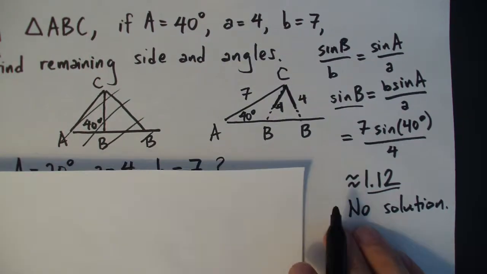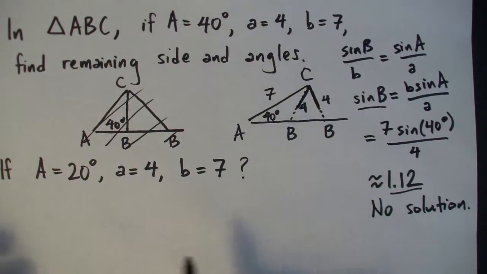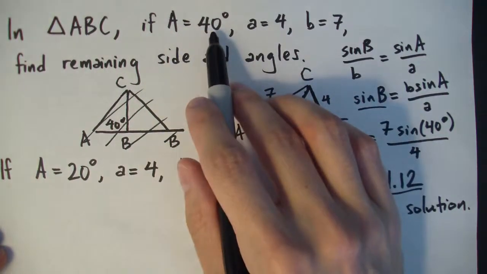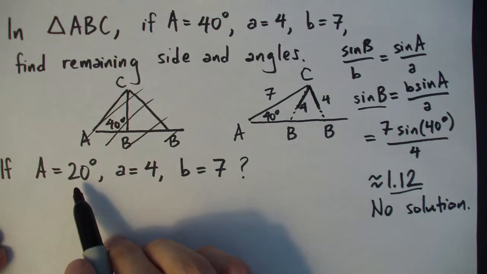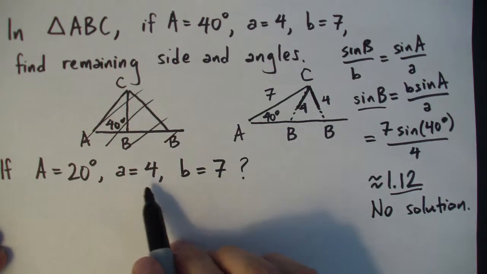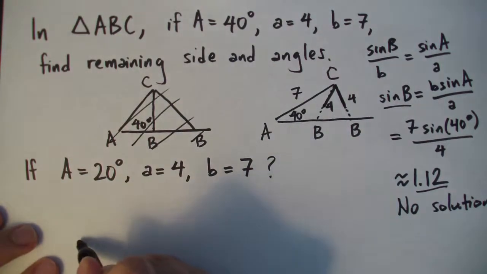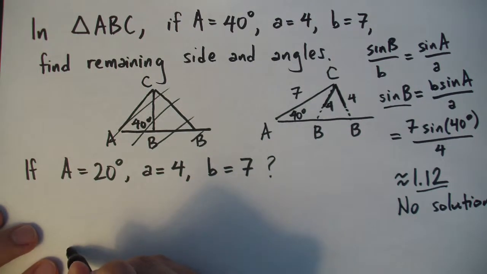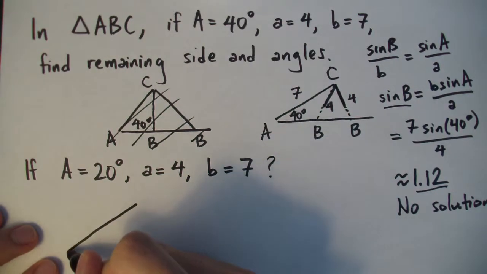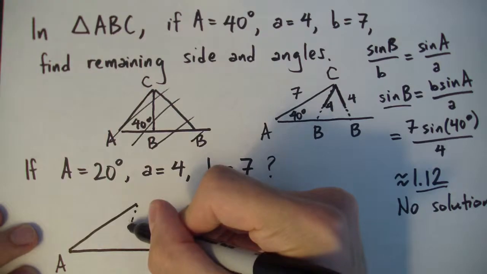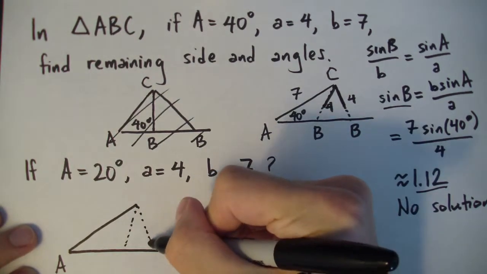Now, in contrast, let's look at an example where it's very similar, where A is told to us to be now 20 degrees, and then side a is 4 and side b is 7. So similar picture, but now we have an even narrower angle. I'll draw it similarly though, so something like this. So here's our A, and again we don't know whether B goes like this or like this.